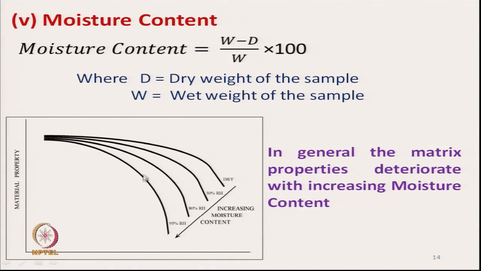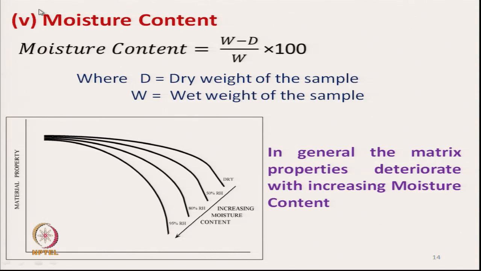As the relative humidity increases, there is an increase in moisture content. So there is a drop in characteristics, a sharp drop in the material property. Material property in general reduces.